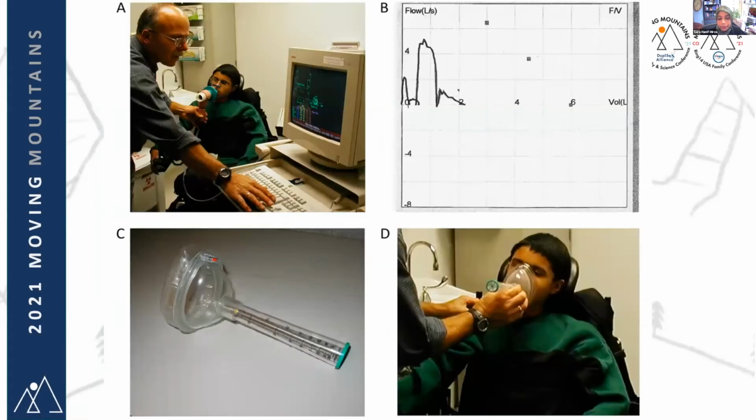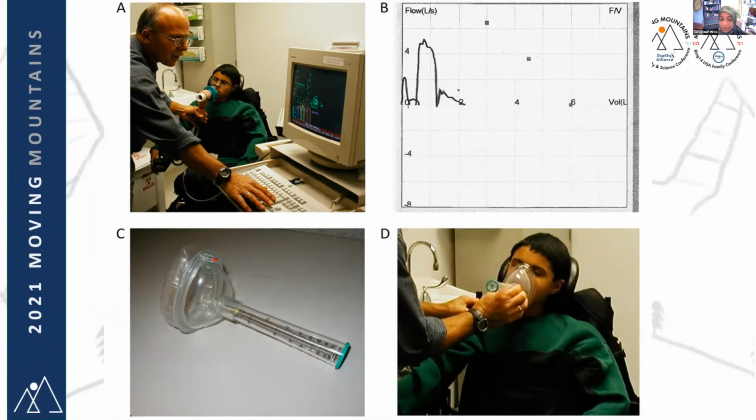This is a way that we assess how strong a cough can be generated in our clinic. I've purposefully taken a picture from a really long time ago, as you can tell by the make and model of the computer in front of you. But I just wanted to say that this isn't rocket science. This is a simple concept.